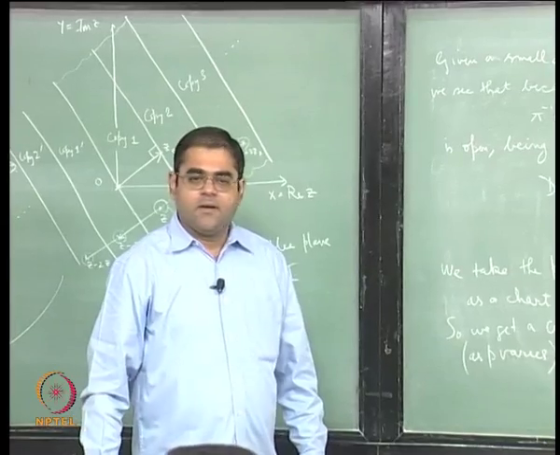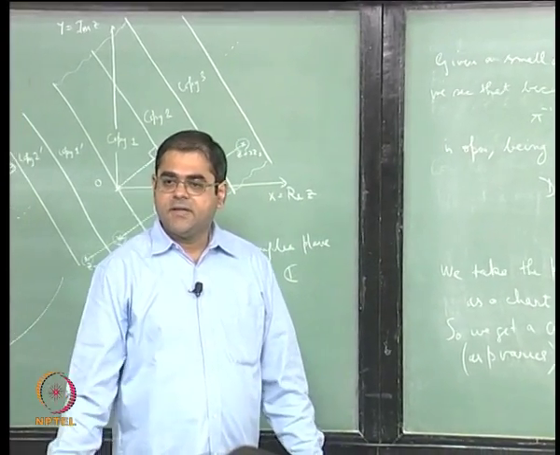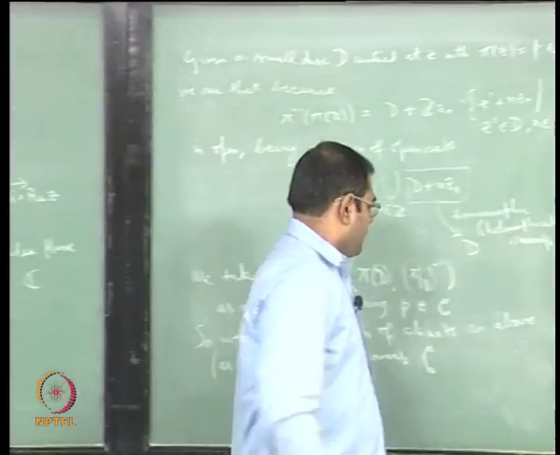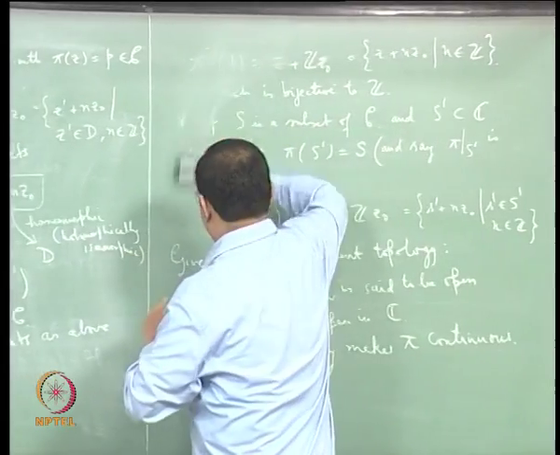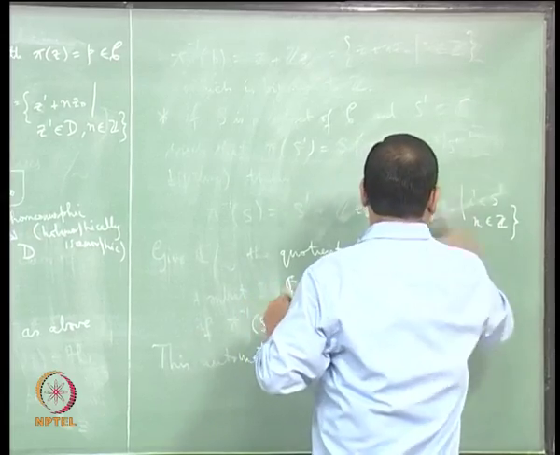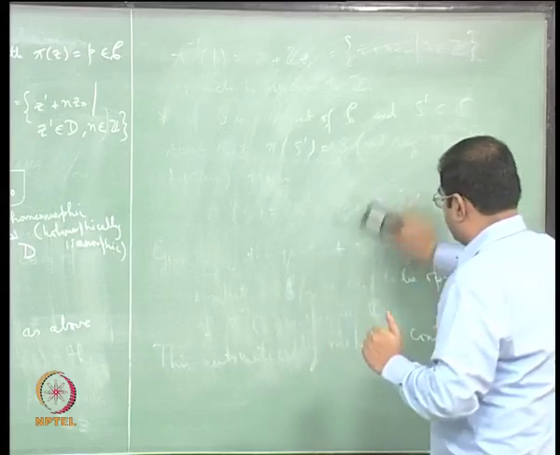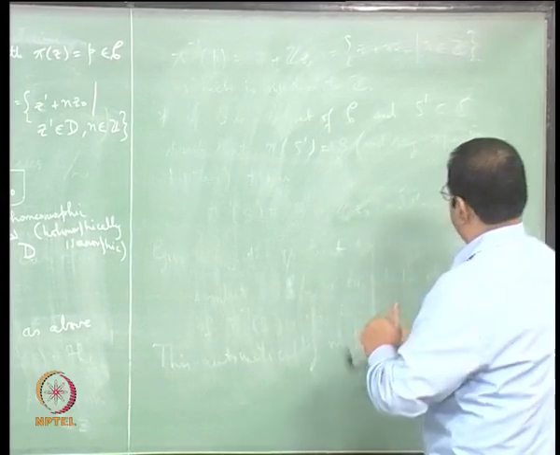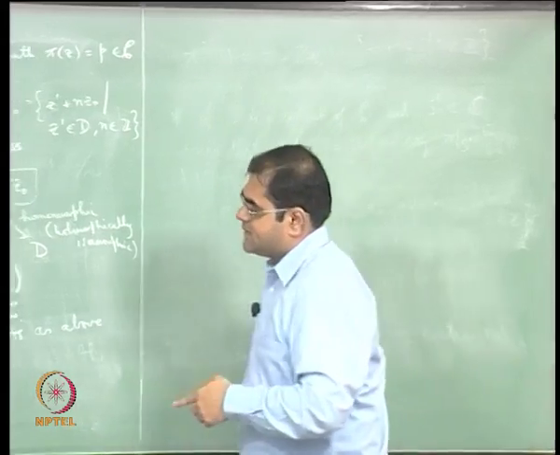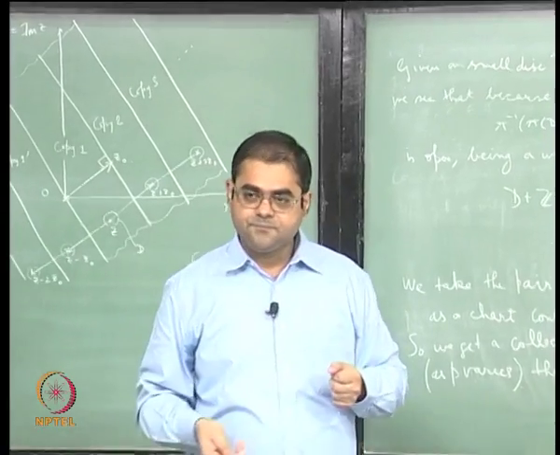Now to say that this collection of charts is an atlas, I will have to just verify the compatibility condition. So let me do that. That is also pretty easy. We can even do it diagrammatically. Of course all these things can be written down a little bit more formally, but it's not very difficult to write things down more formally.